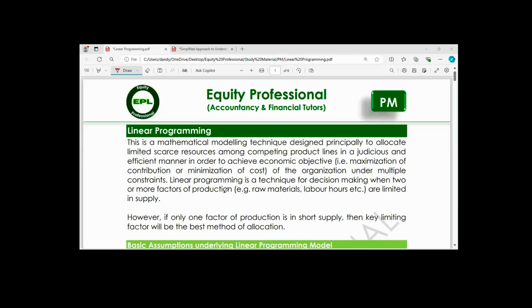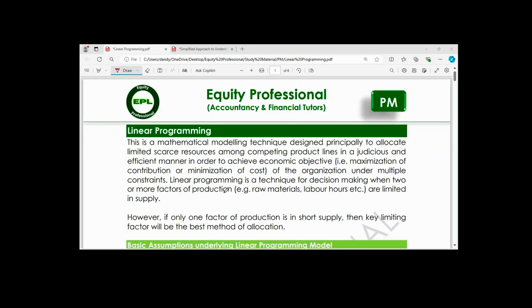Another one is to enhance employees' satisfaction. Different objectives an organization may want to achieve in practice. But in theory, linear programming is saying that there must be only one objective to be achieved. That is either to maximize contribution or to minimize cost.